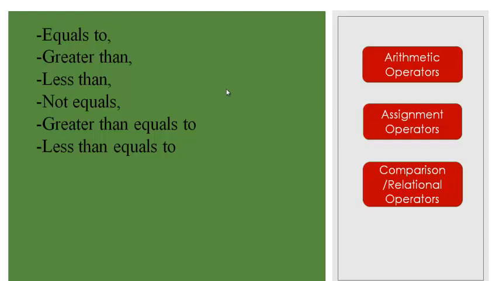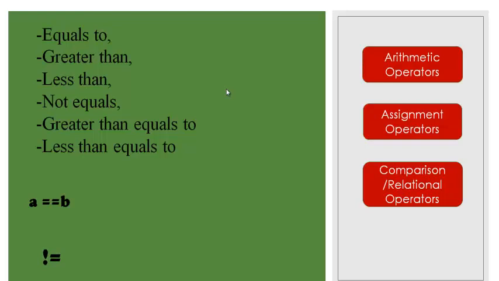Now, if A and B have the same value, we cannot use a single equal, because a single equal means I'm going to assign a value. If I want to compare two variables, I add a double equal. To represent not equal, I need to add the exclamation mark before the equal sign, and this means not equal.